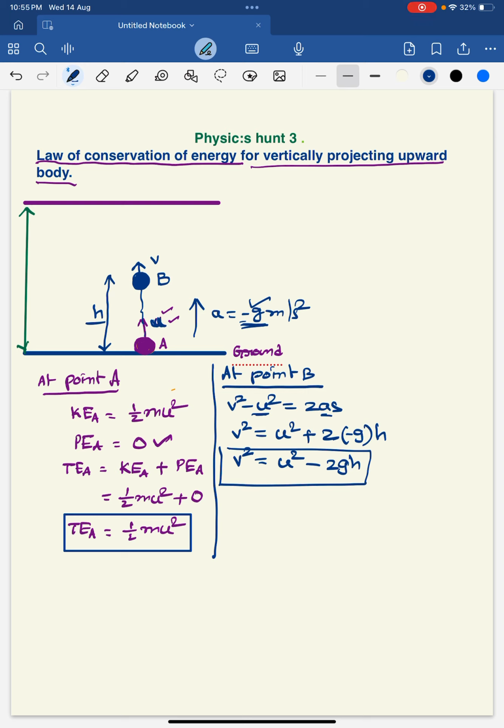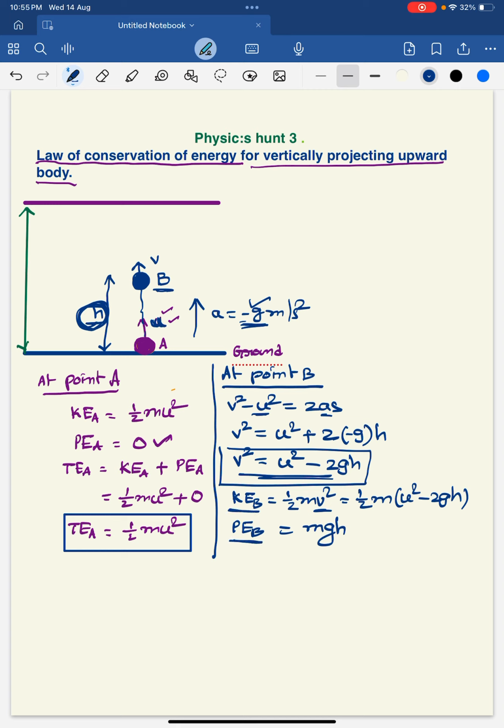After getting this velocity, we can calculate kinetic energy as well as potential energy at point B. First, kinetic energy at point B is equal to half m v square, and the value of v square is u square minus 2gh. Now, potential energy at point B is mgh, because this is the height gained by the body from the ground.